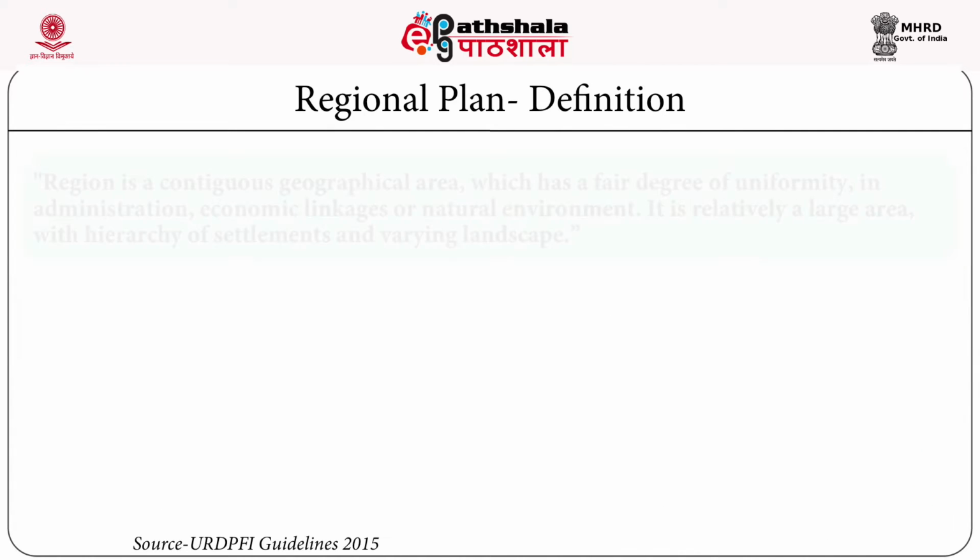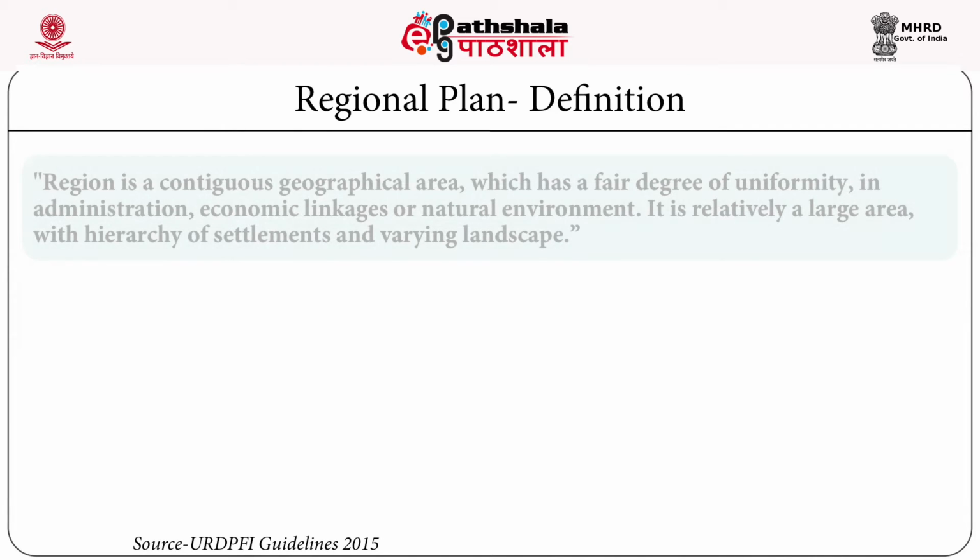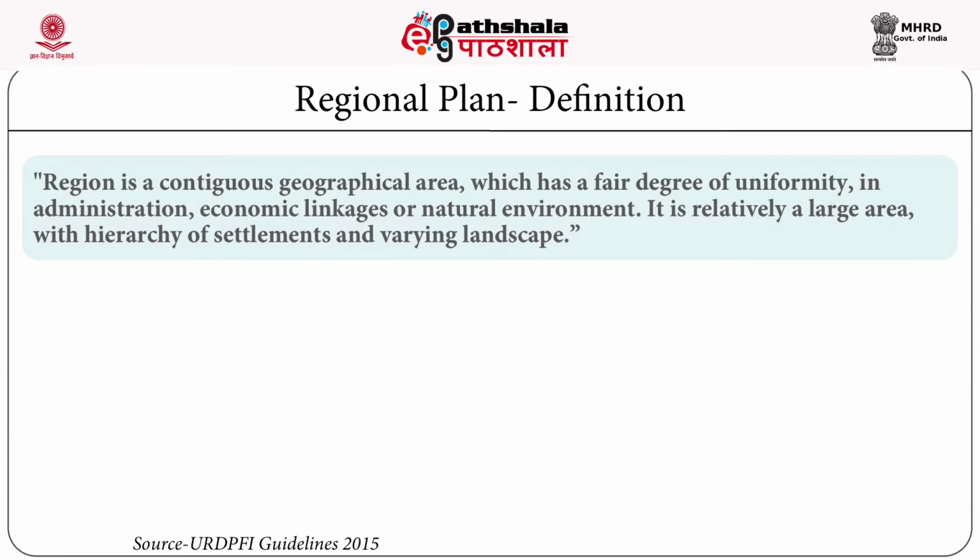Now coming to the definition of the regional plan, let me quote: a region is a contiguous geographical area which has a fair degree of uniformity in administration, economic linkages or natural environment. It is relatively a large area with a hierarchy of settlements and varying landscape.